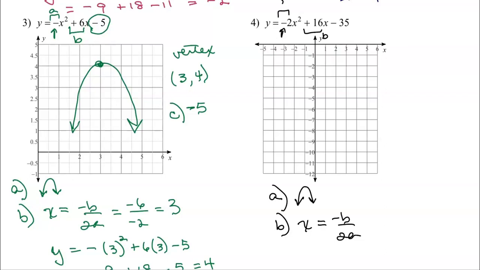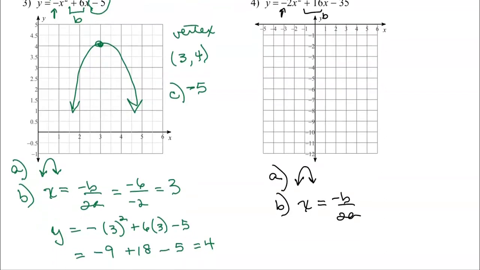This is your a. Negative b is going to be negative 16. 2a is going to be 2 times a negative 2, which is a negative 4. And that makes my value for my x a 4. So far my vertex has a value of 4.